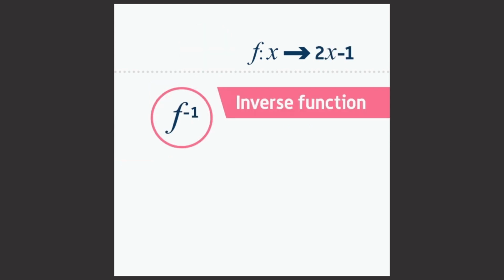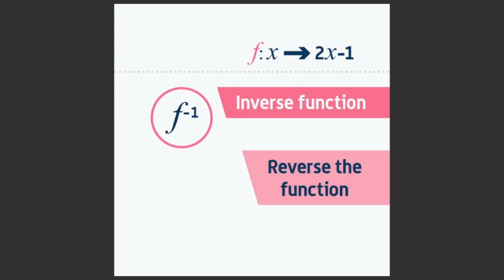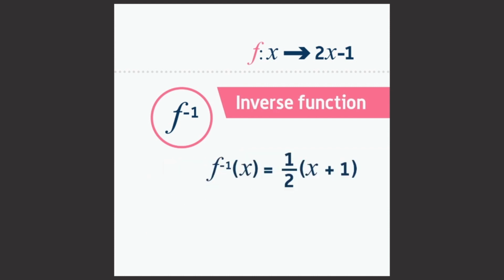The superscript of minus 1 means we need to find the inverse function. f is the function that maps x onto 2x minus 1, so we have to reverse the function f. Reversing the function f means adding 1 and then halving. So the inverse function f minus 1 of x is half of x plus 1.